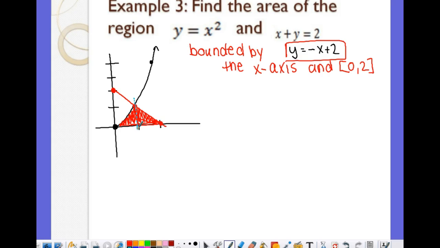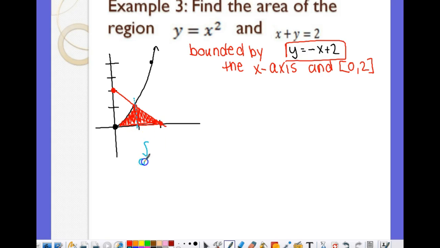I picked that on purpose to show you that sometimes the top and bottom curves do change. If we're finding the region bounded by these two curves and the x-axis, it just needed that word here, bounded by the x-axis, because it was top to bottom. The bottom is the x-axis. The top is changing.